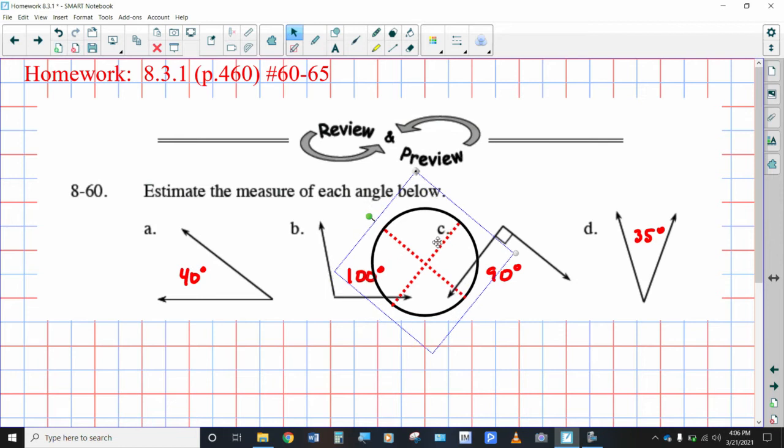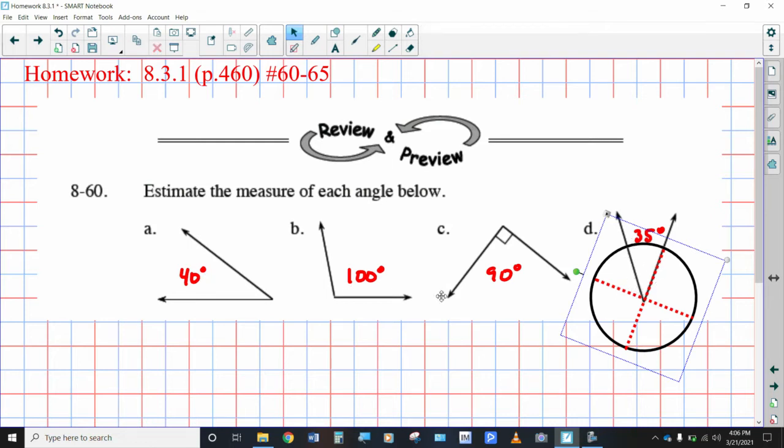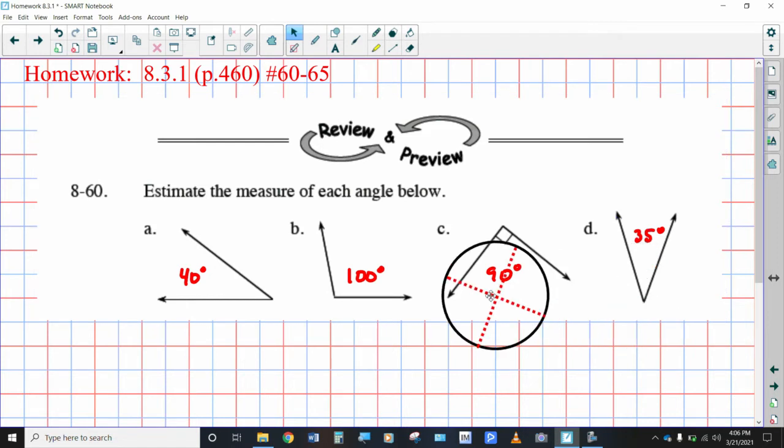And then this last one, let's find the vertex there. And so does that look like, that kind of looks similar to that one, to be honest with you. But it seems like it's a little bit smaller, so I said 35, but I'm kind of curious what this one is. Let me get you out of there. I don't need you anymore. Boom. Let's bring down the protractor.